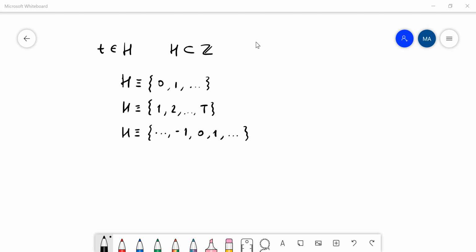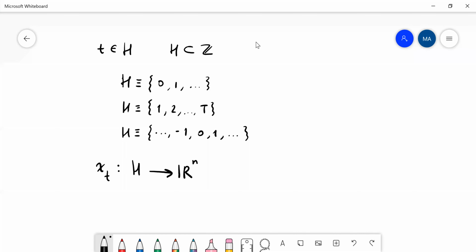And again, as in the continuous time systems, we are interested in some variables that change in time, okay? In general, these variables will be real valued. So for each t, there will be a particular x value that is typically a real number.